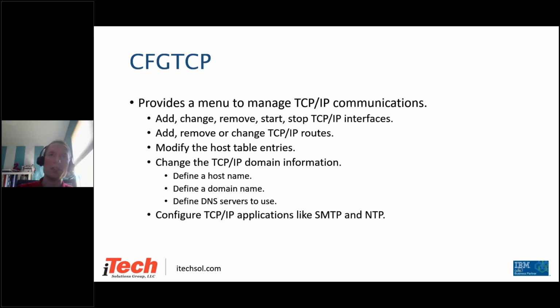Add, remove, or change TCP/IP routes. Modify the host table entries. Change the TCP/IP domain information. So you define a host name, define what the domain name is, define DNS servers for it to resolve names with. And then configure TCP/IP applications like SMTP for mail, NTP for network time.